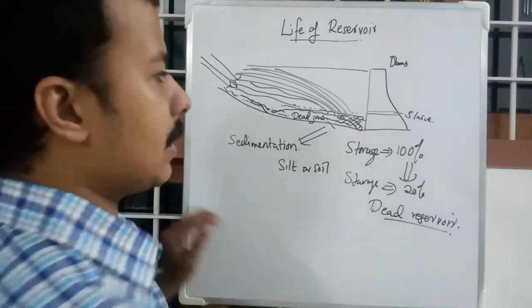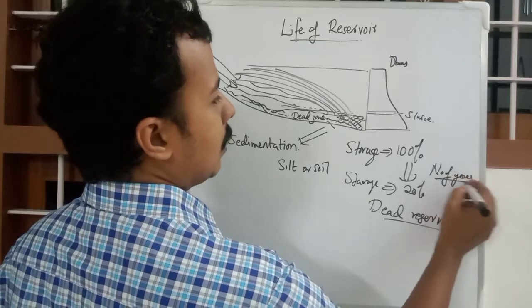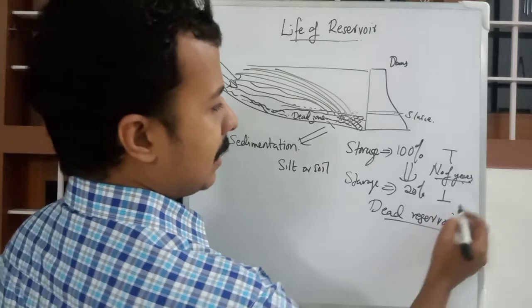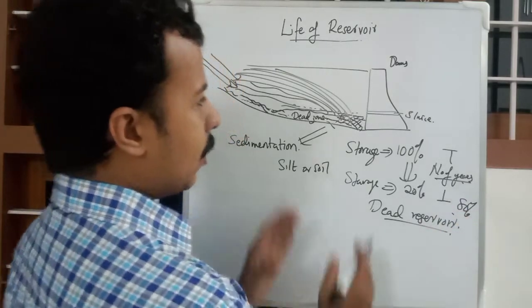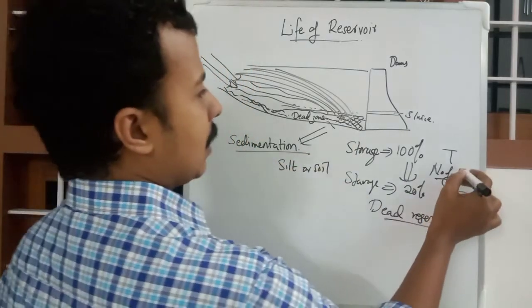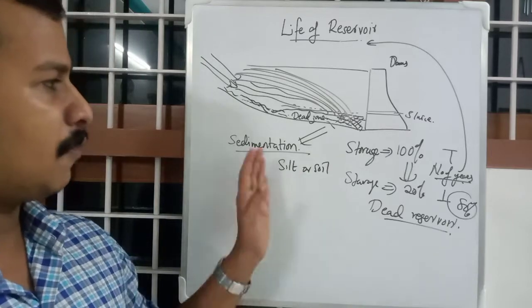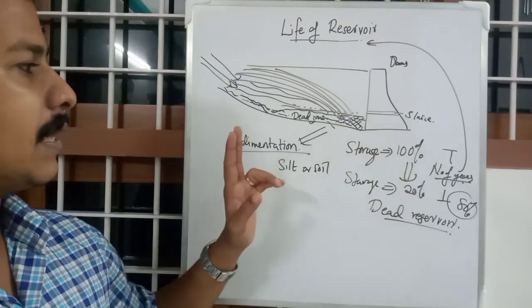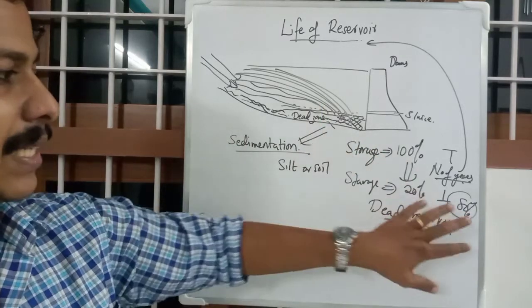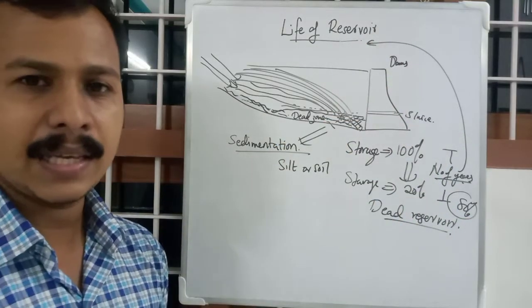The time period, or number of years, required for this 80% of effective storage to be filled by sedimentation is called the life of the reservoir. So the life of a reservoir is the number of years in which 80% of the effective storage is filled, leaving 20% of effective storage.